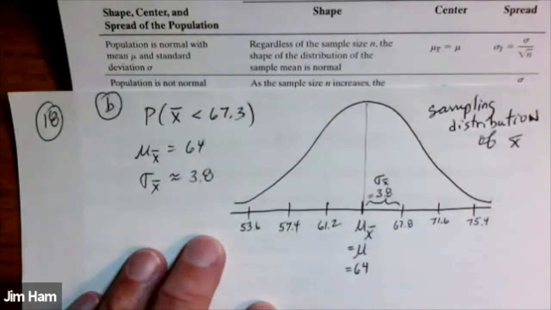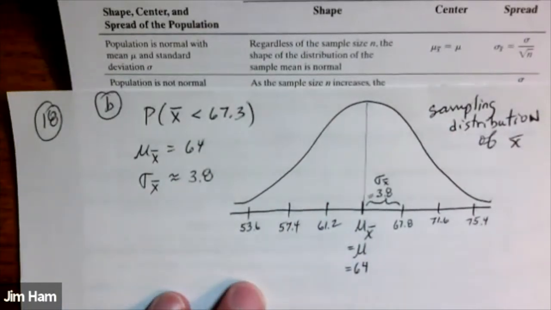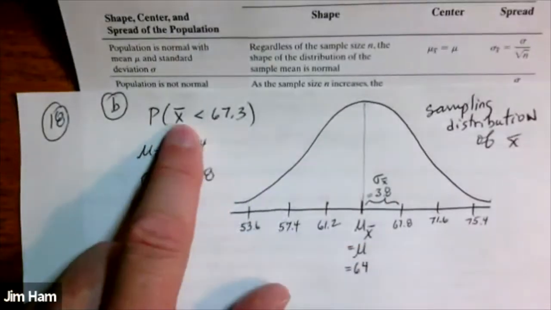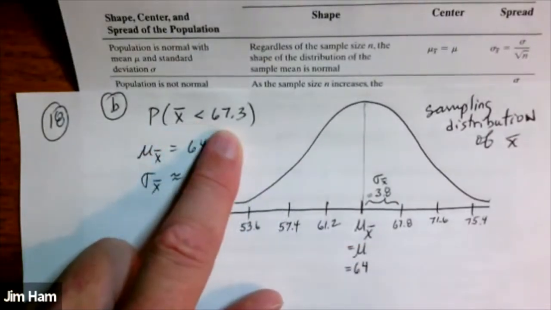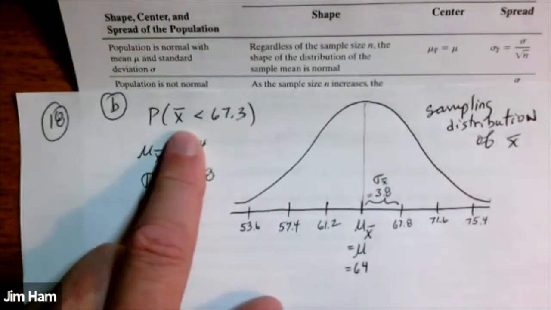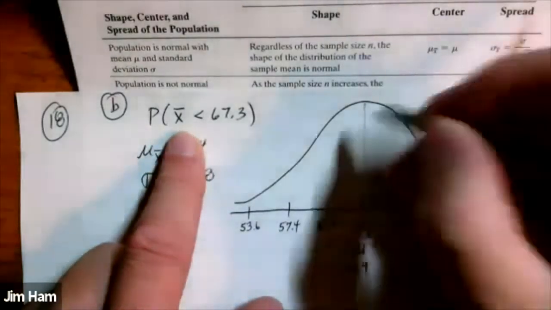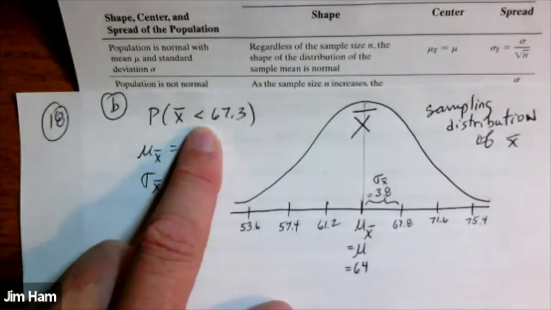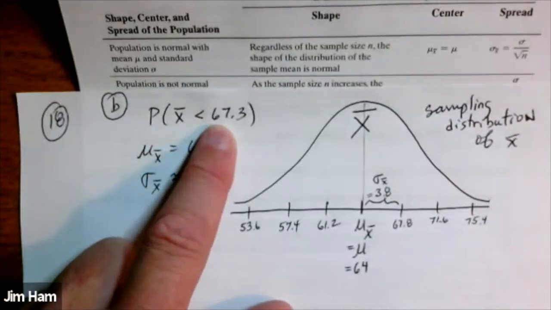Then we're going to shade the region that corresponds to this event or this probability that we're going to calculate. So this whole distribution is the distribution of X bar. It's called the sampling distribution. And we want to know the probability that a randomly selected mean is less than 67.3.